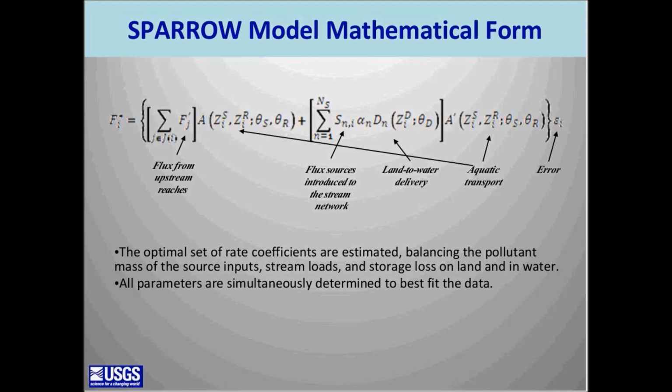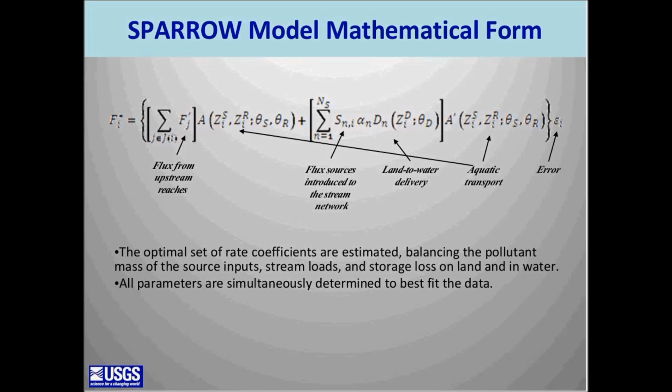Here's the mathematical form of SPARROW. I'm not going to spend too much time on this, but basically we have the flux for upstream reaches, a function of the flow, the chemistry, and the relationship that we develop between discharge and concentration. And then we have flux of sources introduced to the stream network, and these could be from point sources, agriculture, the application of nitrogen and phosphorus, atmospheric deposition, and any other natural processes that might contribute to nitrogen and phosphorus.